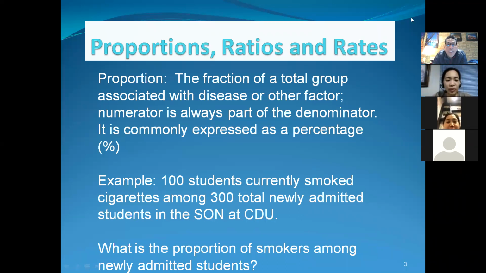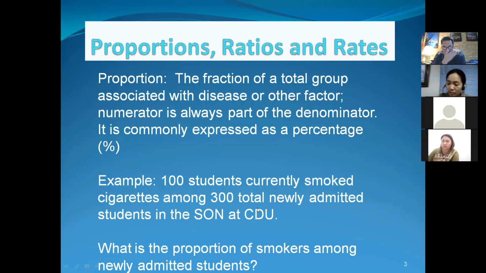So the answer is 33%, because basically there are 100 students who currently smoke, and we divide 100 by 300 because that's the total of the students. So again, the fraction means the 100 students, of a total group, which means the total is 300.